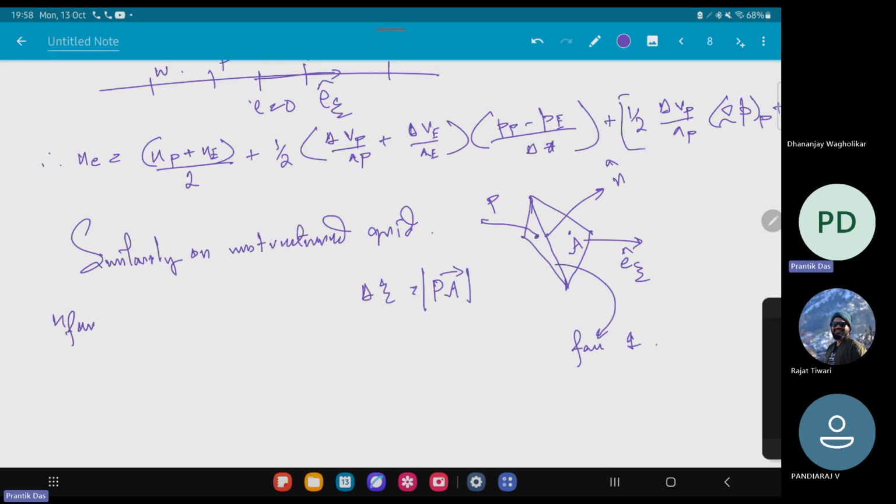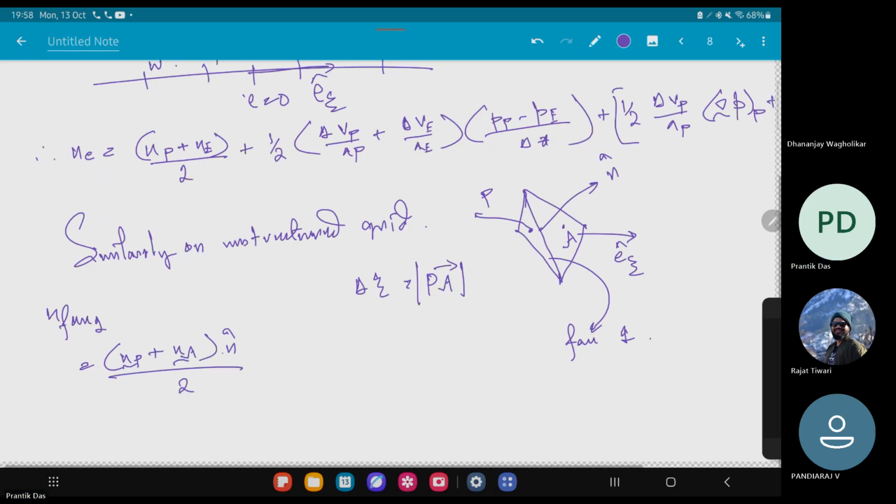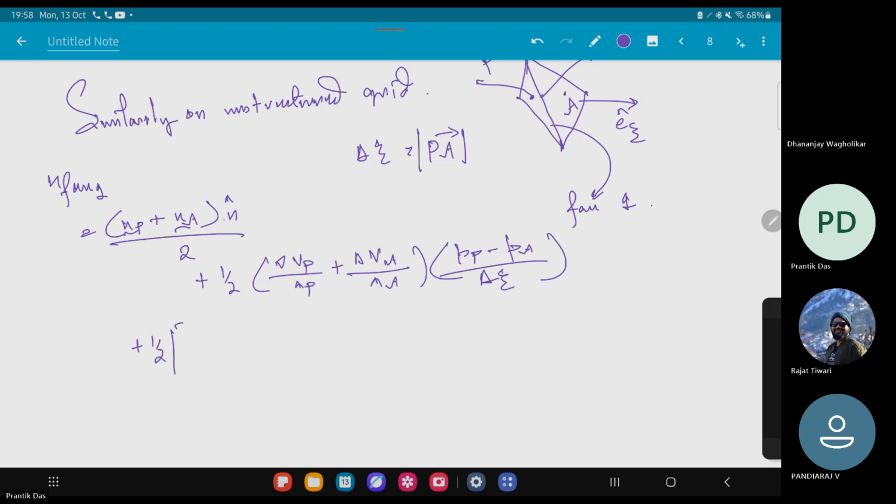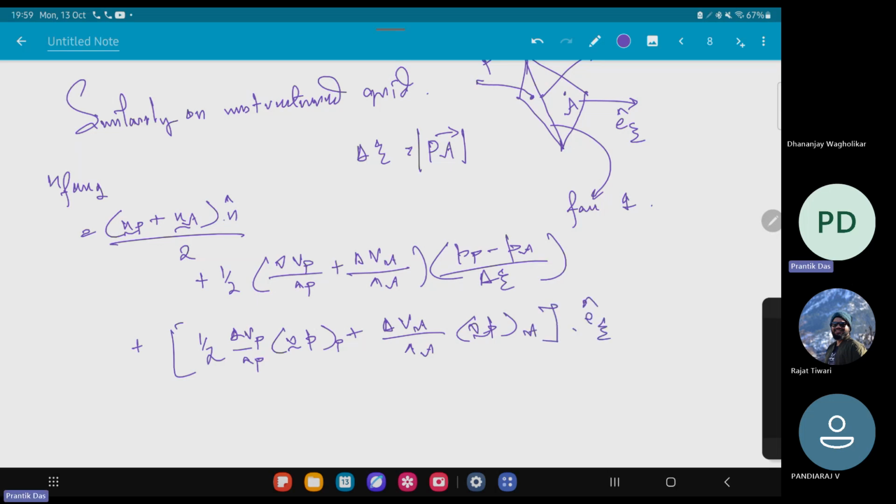So U at face 1, that is the velocity at the cell face itself, is basically equal to UP vector plus UE vector dot n cap divided by 2 plus half of delta VP by AP plus delta VE by AE, PP minus PE divided by delta zeta plus half of, half should be inside, so delta VP by AP grad of PP plus delta VE by AE grad of PE dot e of zeta.